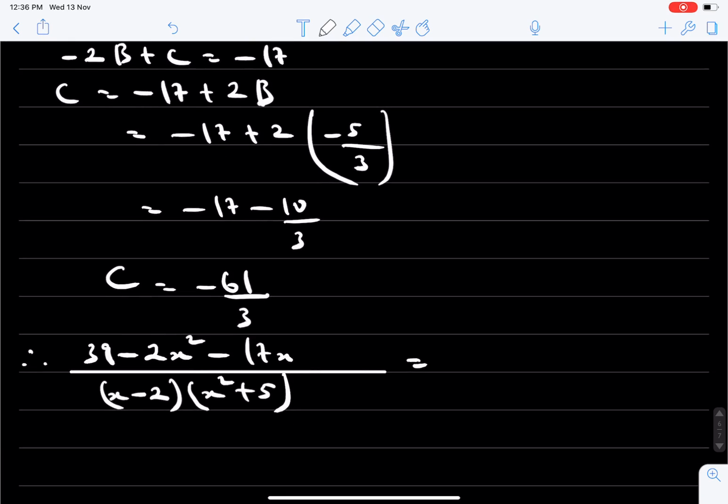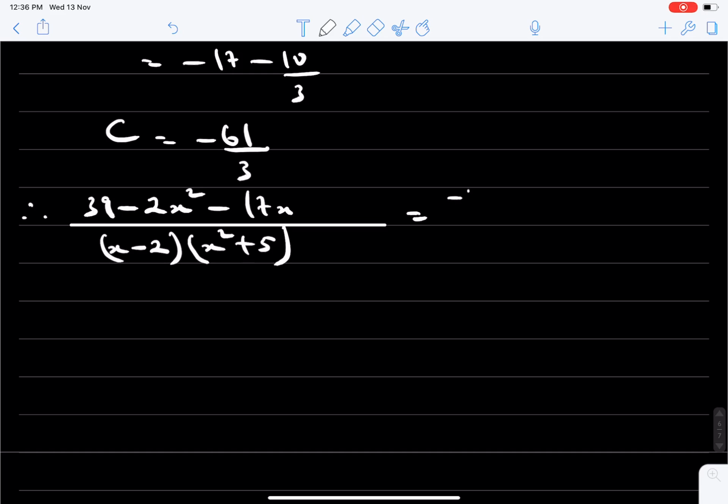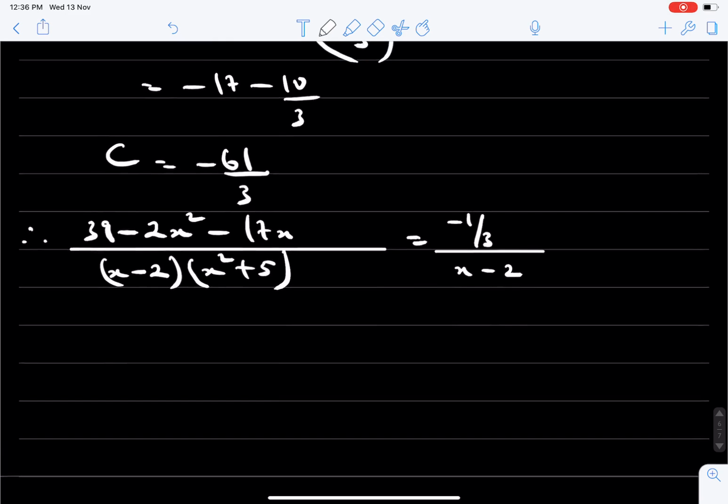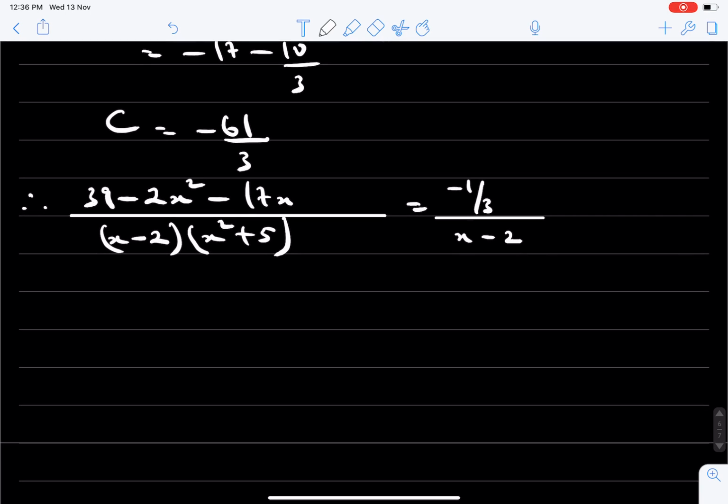Minus 1 over 3. Minus 1 over 3 divided by x minus 2 plus bx. What is b? b is minus 5 over 3 x plus c.